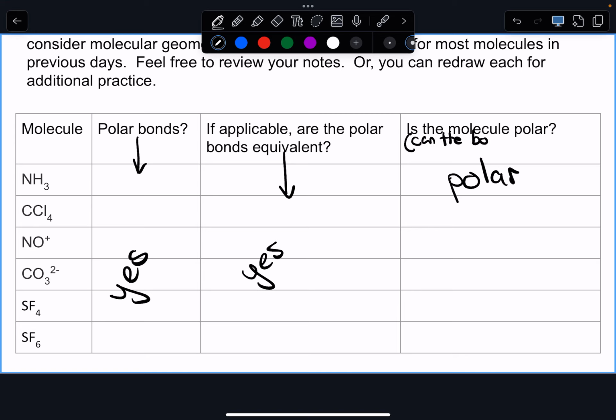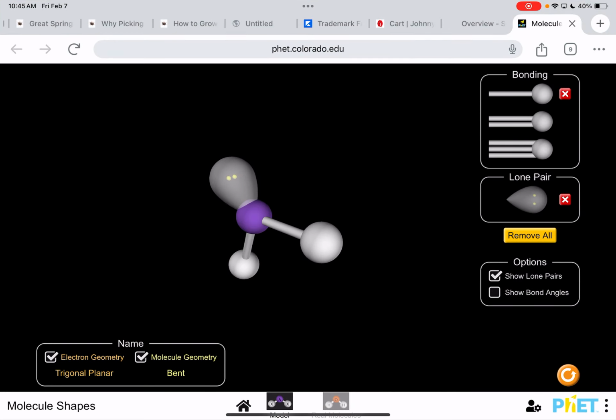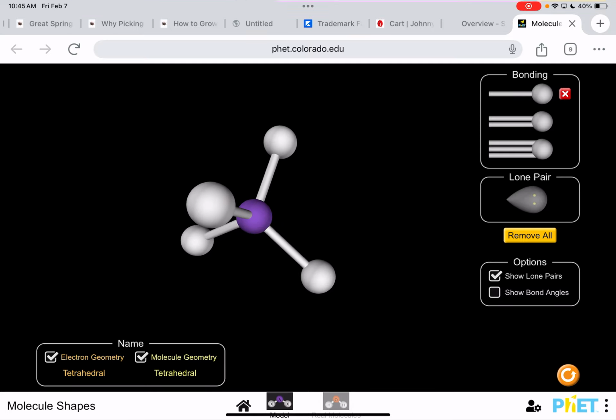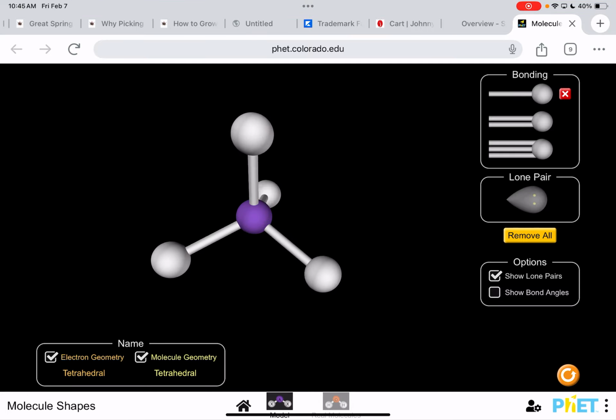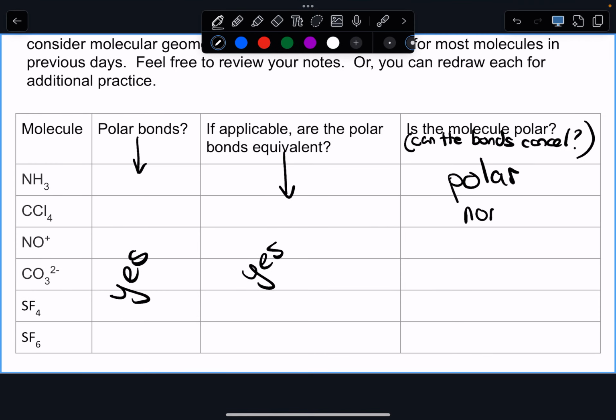Can the bonds cancel? CCl4 looks like that. No lone pairs, 4 groups. So this is going to be nonpolar.